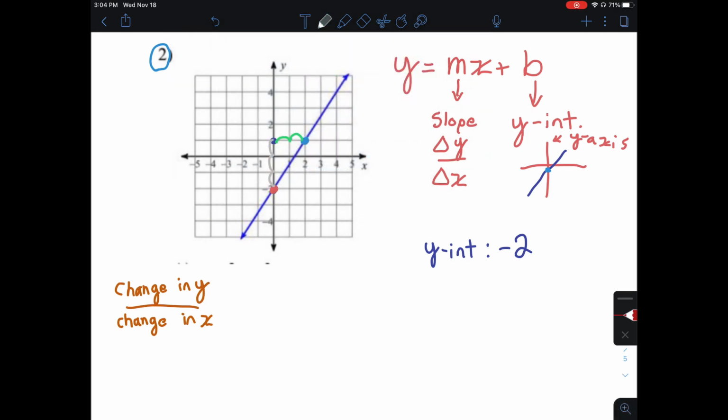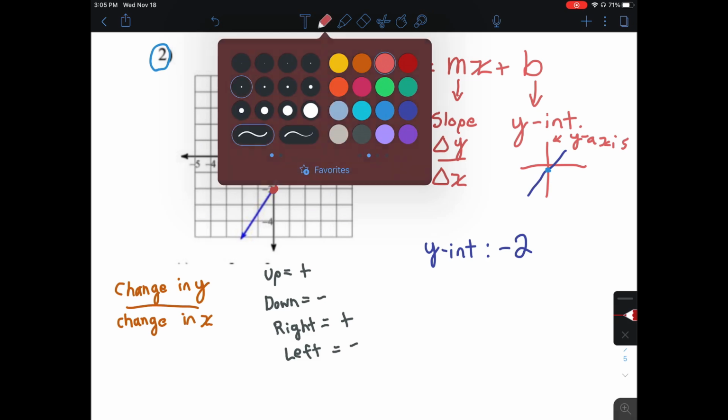Let me write something here: up equals positive, down equals negative, right equals positive, and left equals negative. Here we go up and we go right, so our answer will be positive.